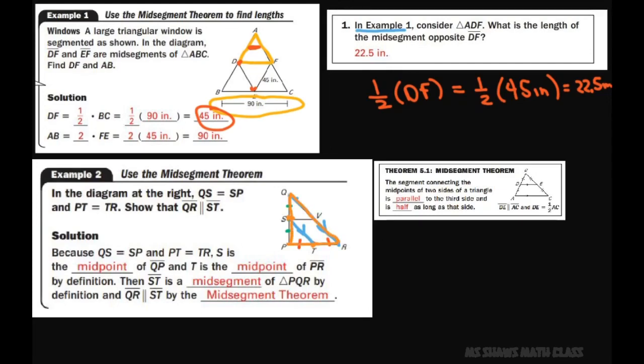ST is the midsegment of that by definition, and therefore QR is parallel to ST by the midsegment theorem. So by the midsegment theorem, we can go back this way as well. So if DE equals 1/2 of AC, then DE is parallel to AC. All right.